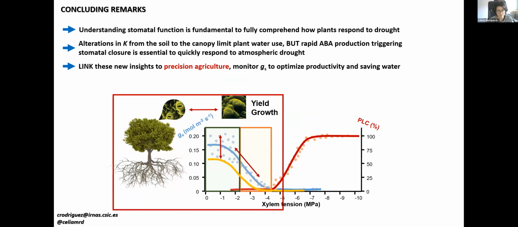And finally, we need to link all these insights to optimize irrigation and water use in agriculture, starting by monitoring gs to optimize productivity and save water.